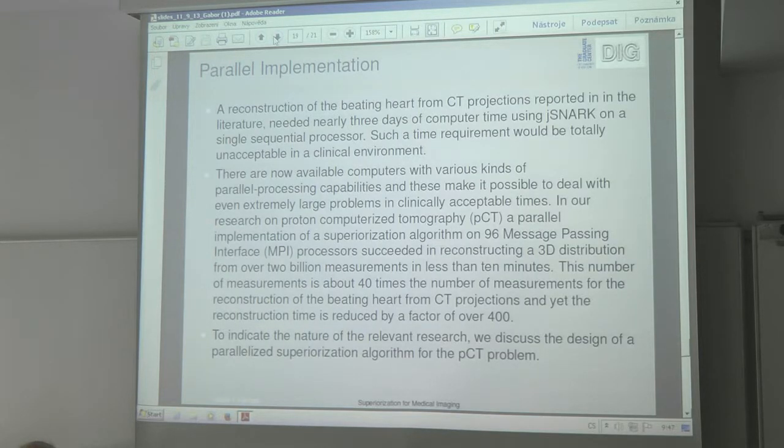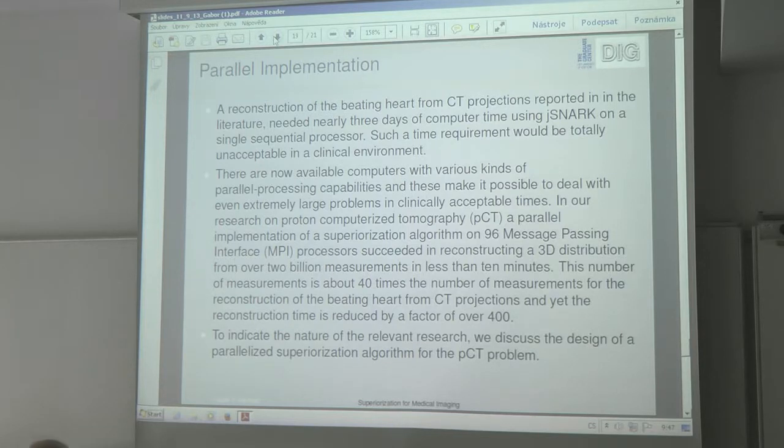Now, the other nice aspect of this that I'm talking about is that parallel implementation is quite possible.